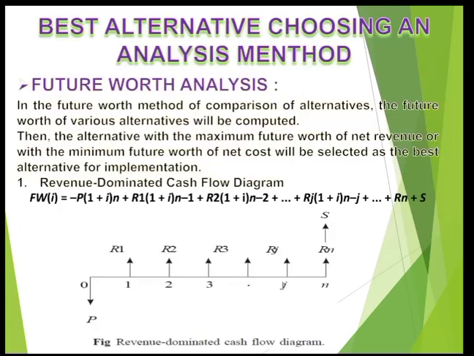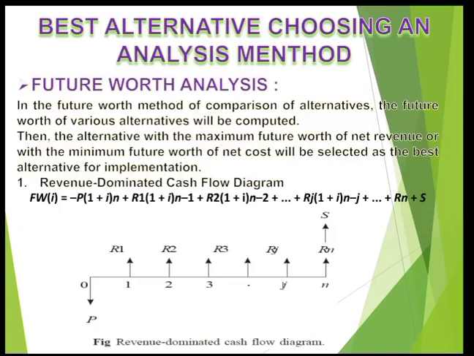This is a one line diagram with periods 0, 1, 2, 3, up to j and up to n, with revenues R1, R2, R3, up to Rj, and up to Rn, and the capital P and the capital S. P represents the initial investment, Rj means the net revenue at the end of the jth year, and capital S is the salvage value at the end of the nth year.